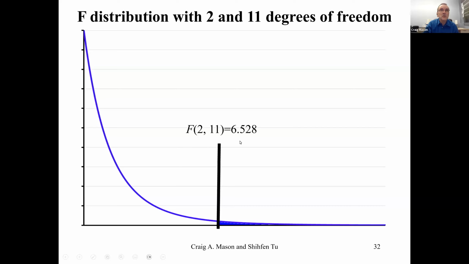What's the chance I would have just randomly ended up with a 6.528 way out here if the null is true? So to do that, we need to find the area beyond 6.528. I'm going to write that down.